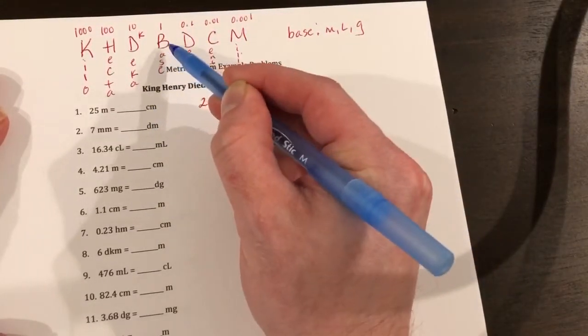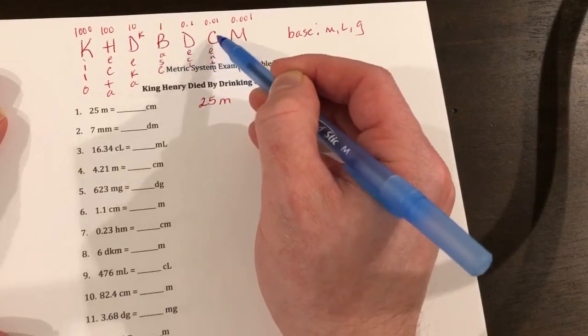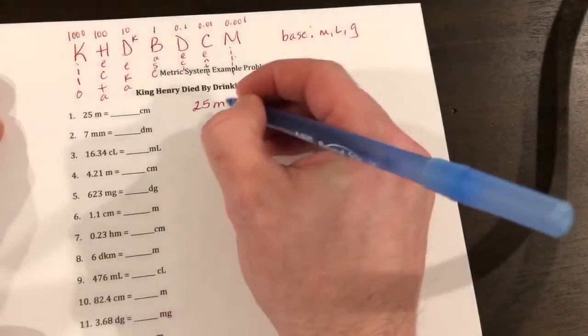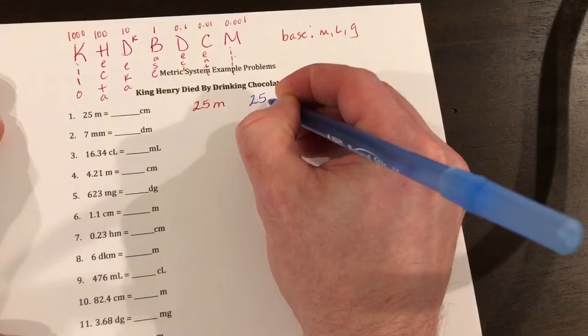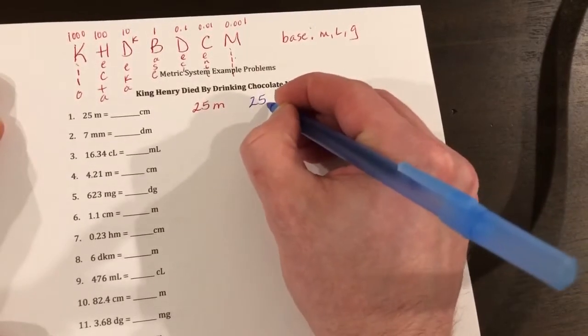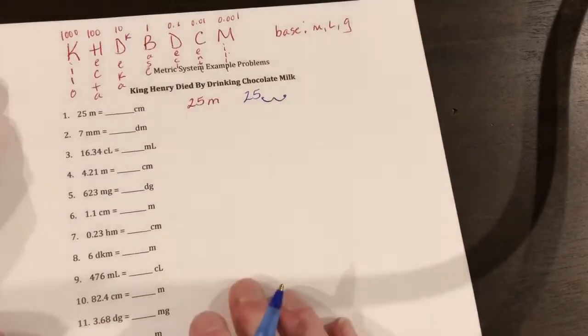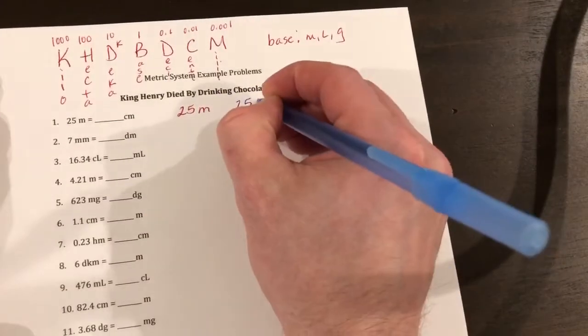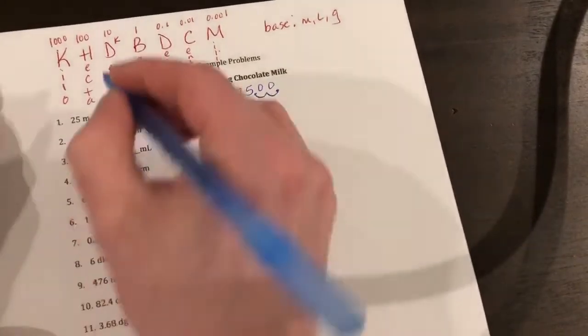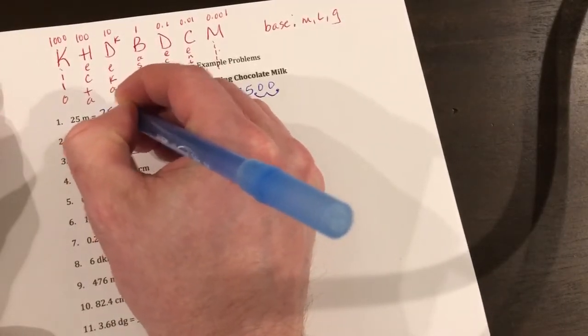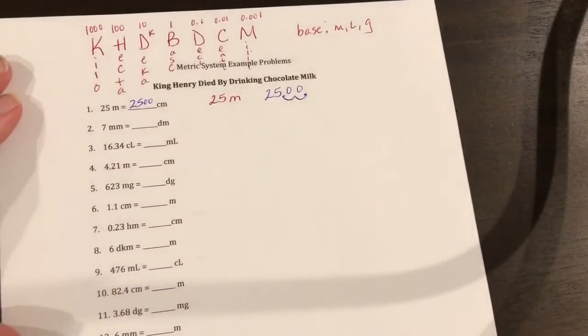So I'm going to swoop to the right one place, two places. All I'm going to do is move my decimal place. It's understood to be right there. I'm going to move it one place, two places. Now, if I don't have anything there, I have to fill it in with zeros. So this becomes 2,500 centimeters.